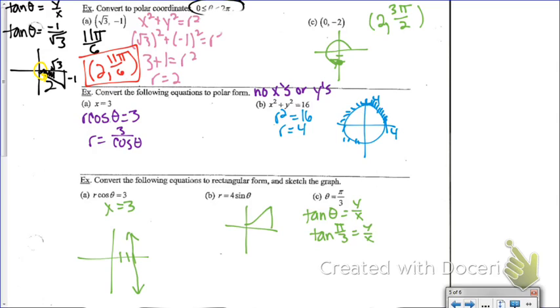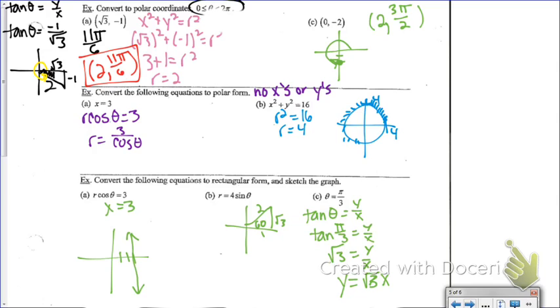That's a 60-degree angle in the first quadrant, which means my opposite over adjacent is going to be the square root of 3. And then with normal rectangular coordinates, we're used to getting y by itself, and that would be easy, just multiply by x. So I get the equation y equals the square root of 3 times x.